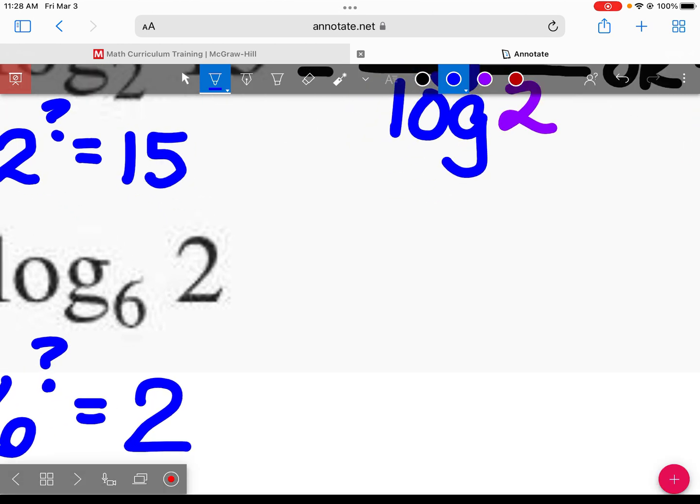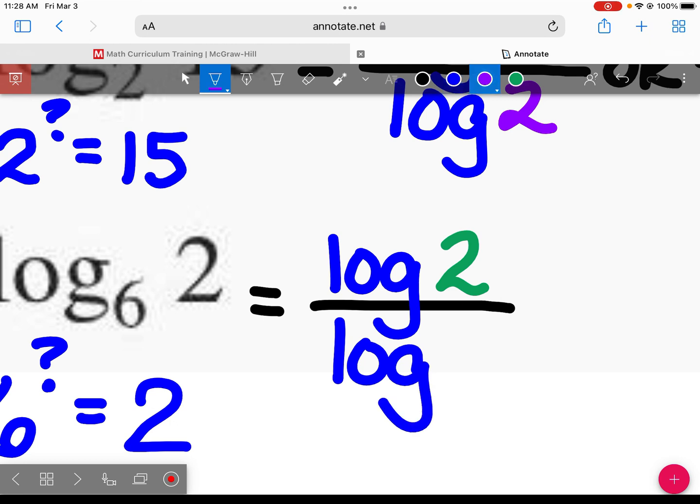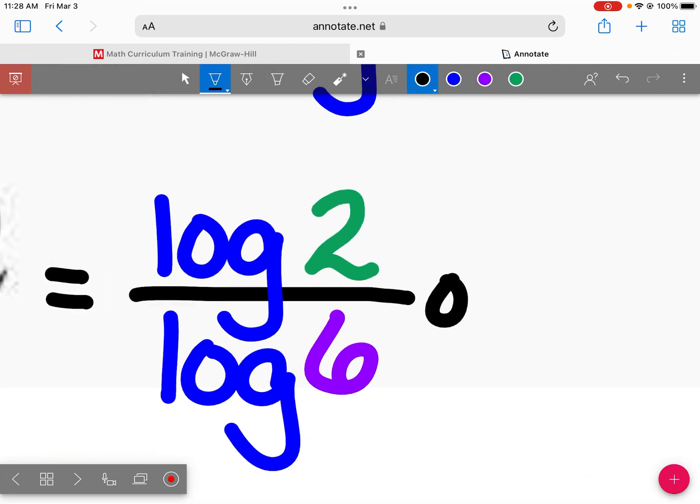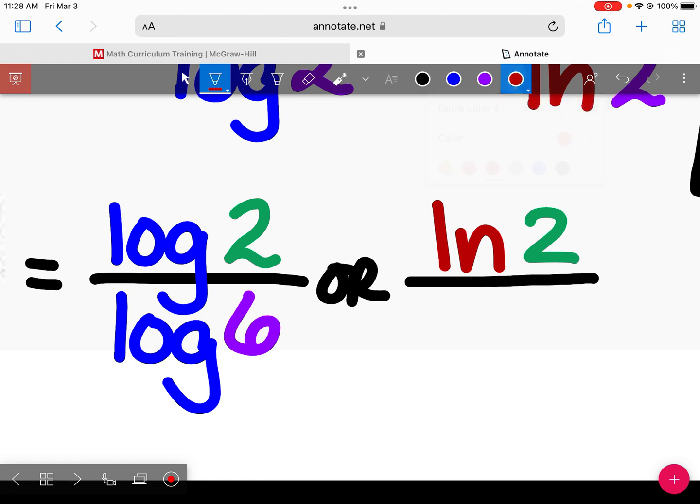What does this look like when I use change of base? Yep, common log of 2 over common log of 6. Or if I wanted to use the ln button instead of the common log button, how else could I write this to have the exact same meaning? ln 2 over ln 6.